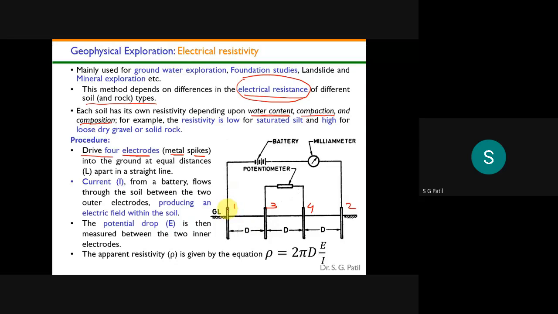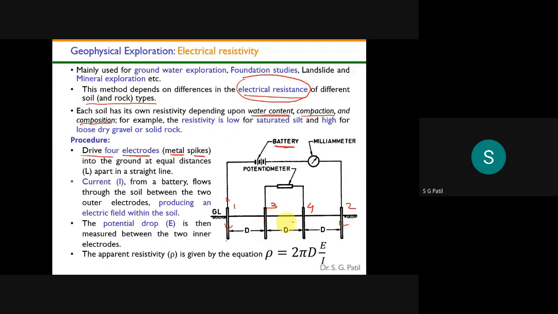Once you drive them inside the ground, you take a connection from the first and second, and then pass some current. Here the battery allows some current to pass through these 2 electrodes. Once the current passes, there will be a potential difference.